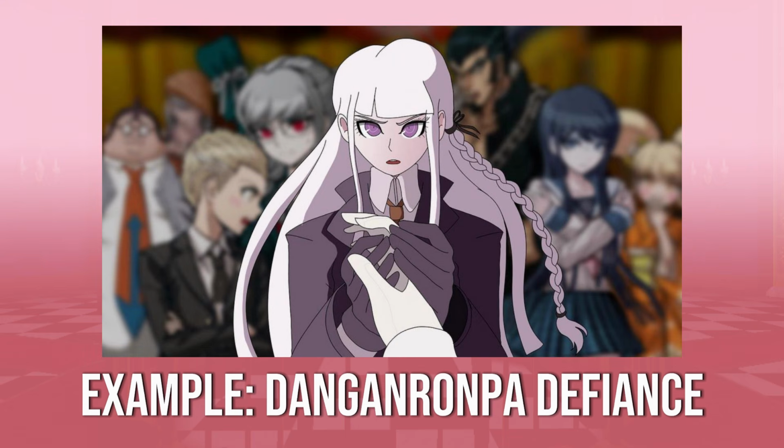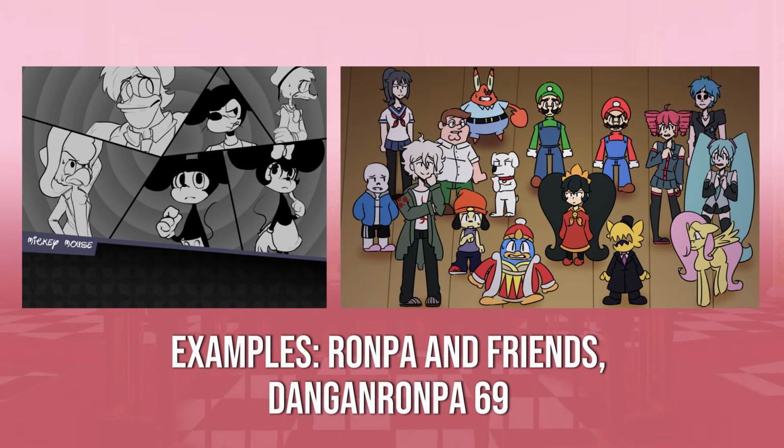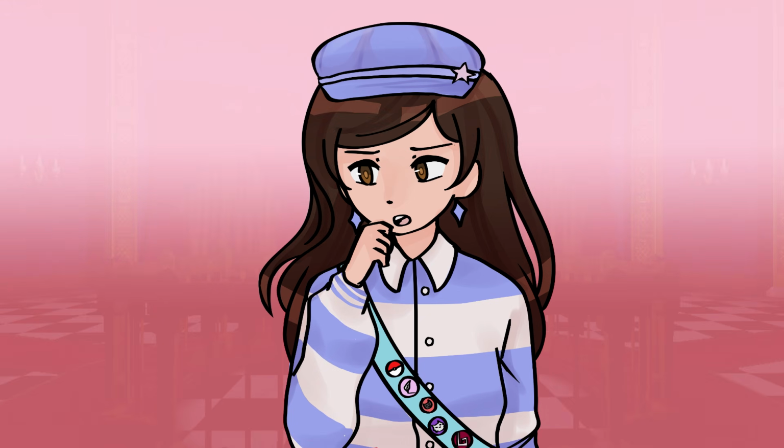Canon character Fangans take existing Danganronpa characters and put them into a new killing game. And crossover Fangans take characters from existing media that is not Danganronpa and put them into a Danganronpa killing game. These Fangans can consist of a cast from just one franchise or a mashup of characters from several different series. Whichever you decide, you'll want to have that settled pretty early on into your project.